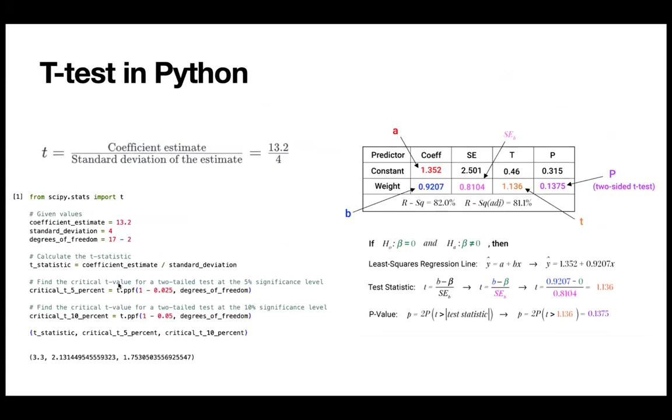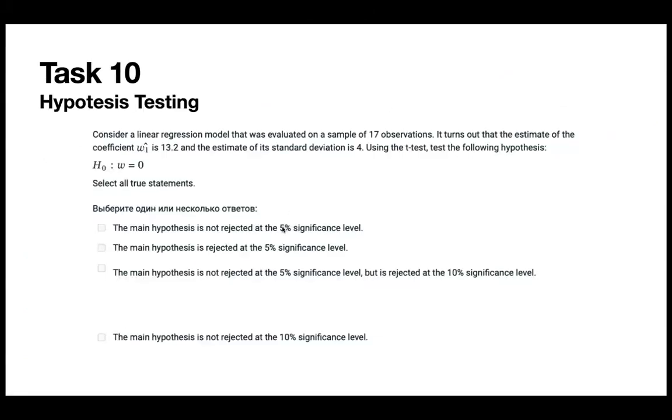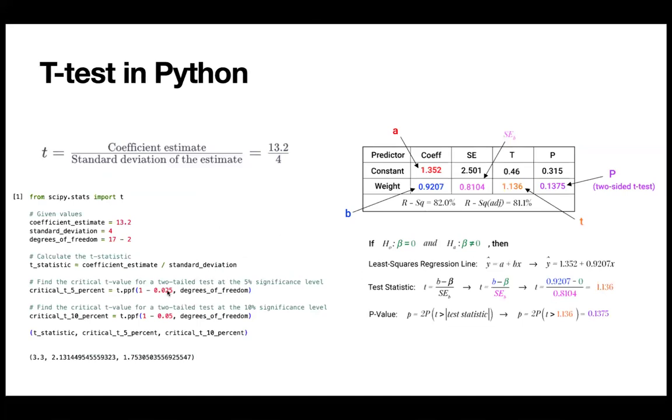Yes, so you have a function that calculates critical values for you. So you just put in that function 1 minus our 5% divided in half, because we test a two-tailed hypothesis.